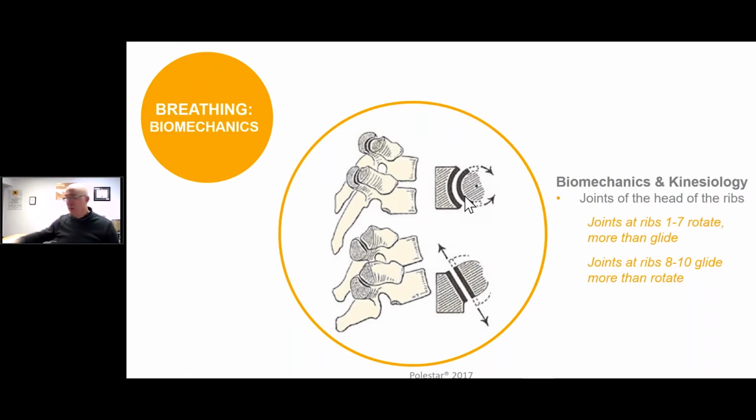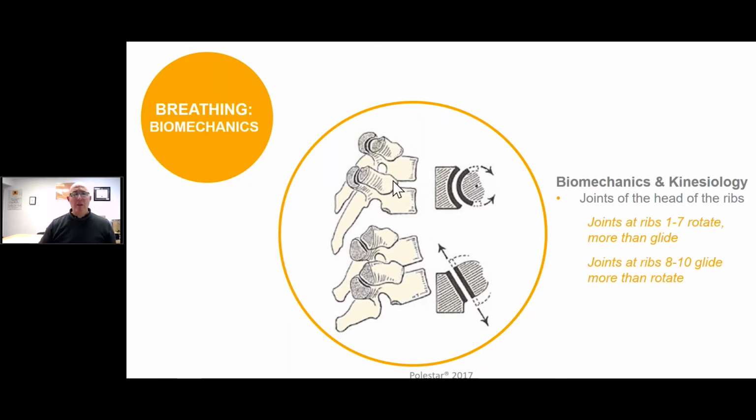So you can see that here in the slide where the head of the rib is articulating with the vertebra above and articulating with the vertebra below. And more importantly is that the middle of it is attached to the disc space. So that's really important for us to understand when we start talking about rule of rib 1.